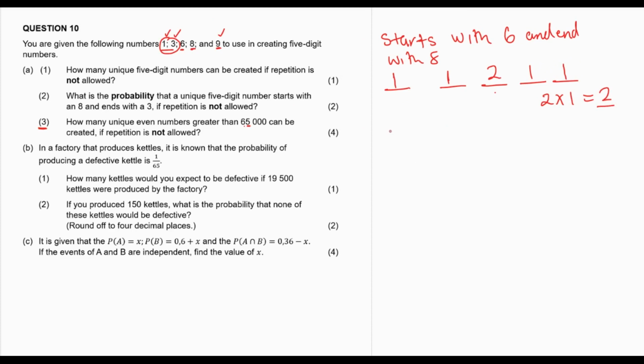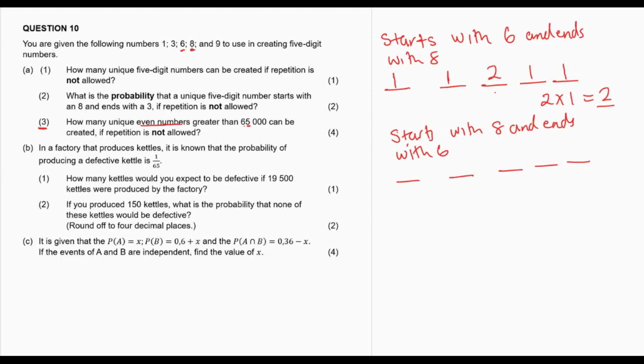And then the second situation, we can have our number starting with the 8. But if it starts with 8, it has to end with 6 because it should be an even number. So it starts with 8 and ends with 6. So we have 1, 2, 3, 4, 5 slots.